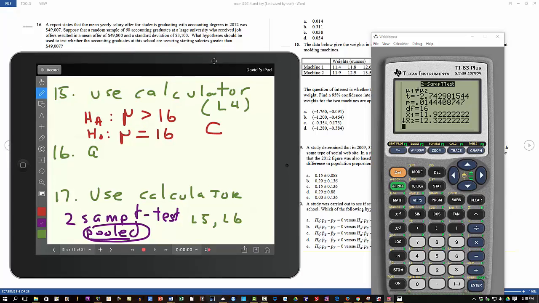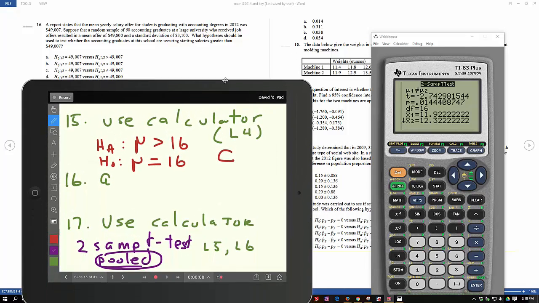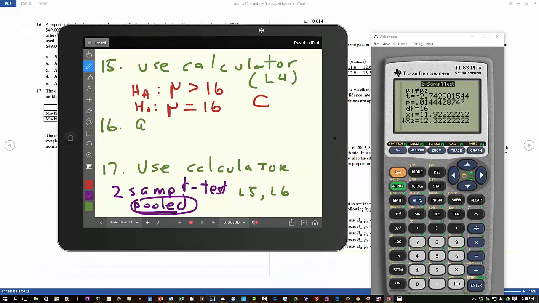And let's see, we want to have our p-value, and that is 0.014, and that's option A.